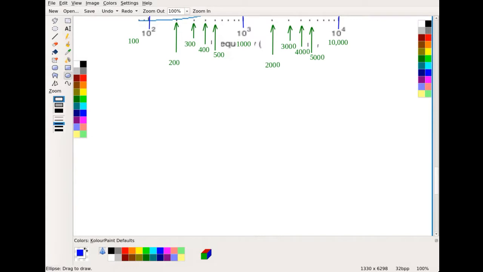Remember, decibels for voltage is 20 times log of our voltage. And then I'm going to do my subplot here.